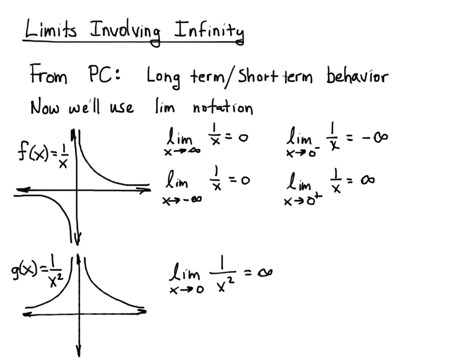If we had the function g at x equals 1 over x squared, now here, since the short-term behavior both from the left and the right goes to infinity, then it's fair for us to say as x goes to 0, 1 over x squared goes to infinity. In the previous case, since this is negative infinity and infinity, that limit does not exist.